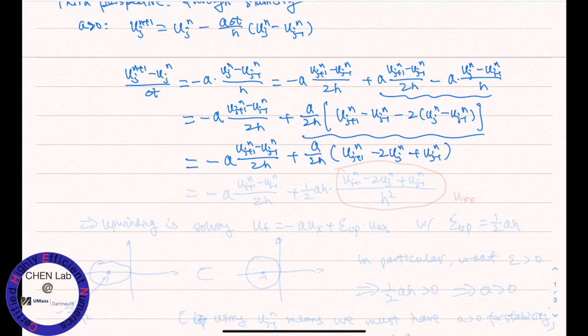This means, now I hope you see it, negative a (u_{j+1} minus u_{j-1}), that's the bad D0 guy, plus, if I write this as 1/2 a h, I multiply h, I divide by h squared, (u_{j+1}^n minus 2u_j^n plus u_{j-1}^n). What is this guy? That's just u_xx, okay?